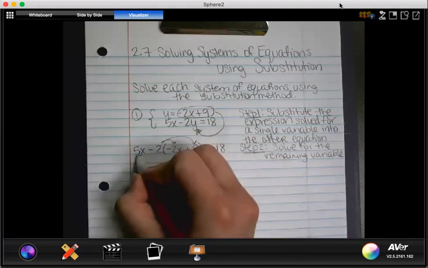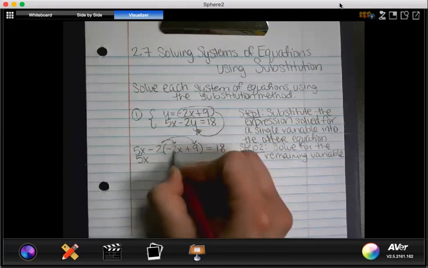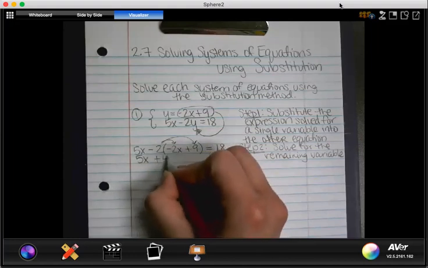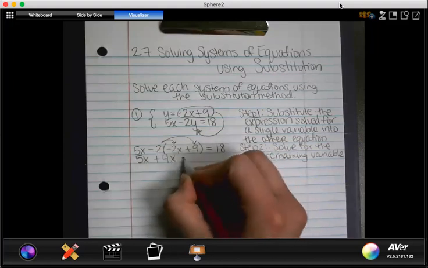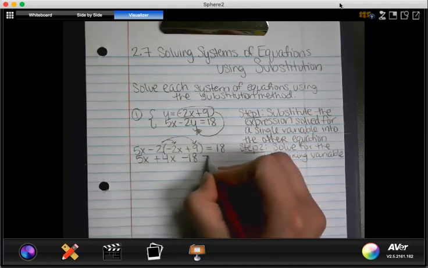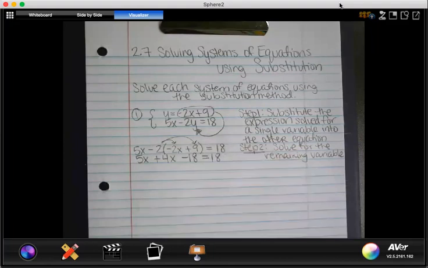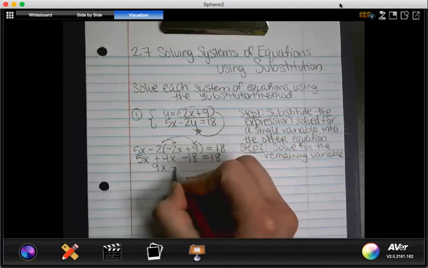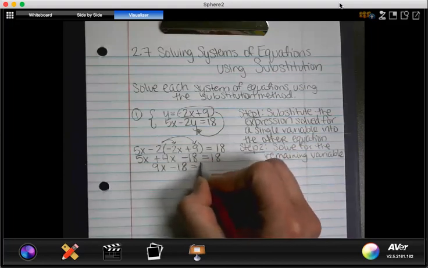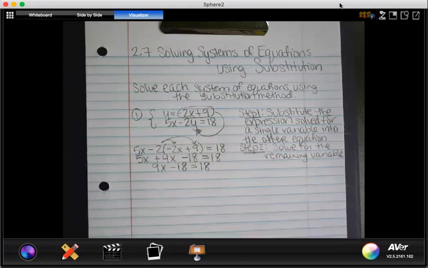So you're going to get 5x, negative 2 times negative 2x is positive 4x, negative 2 times 9 is negative 18, and that's equal to 18. From here, we're going to combine like terms. We get 9x minus 18 equals 18.